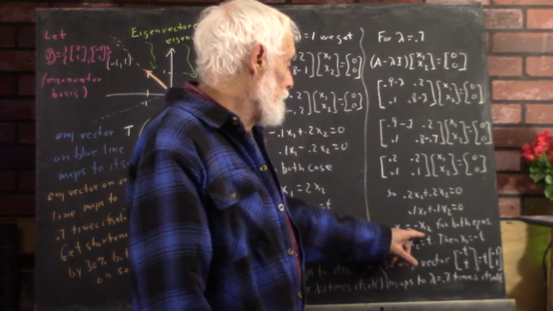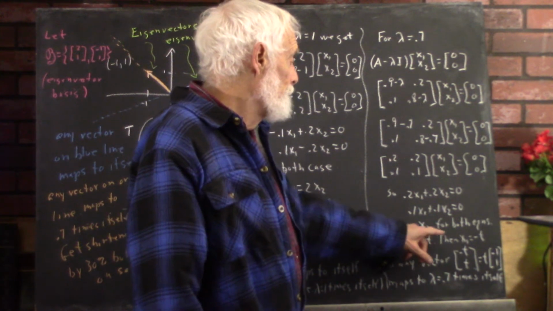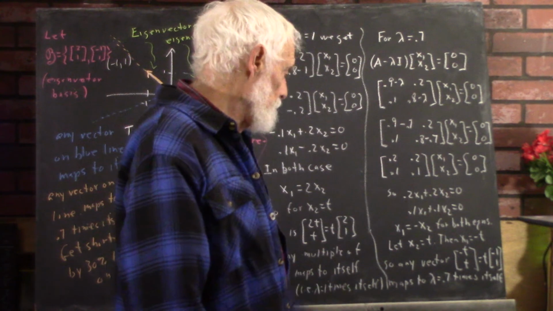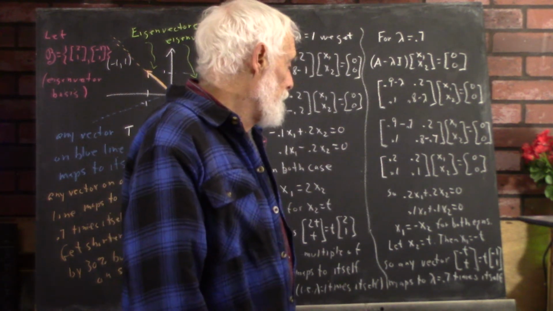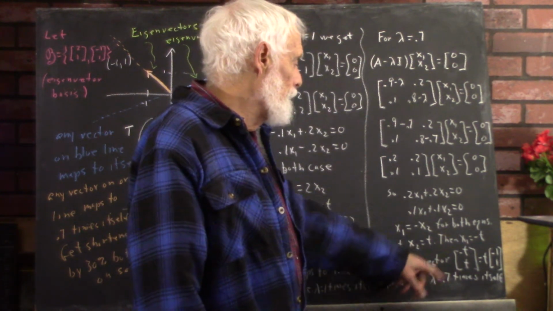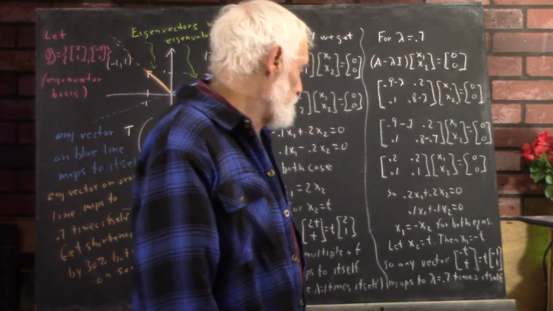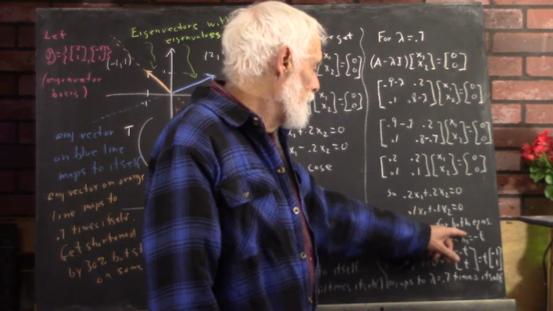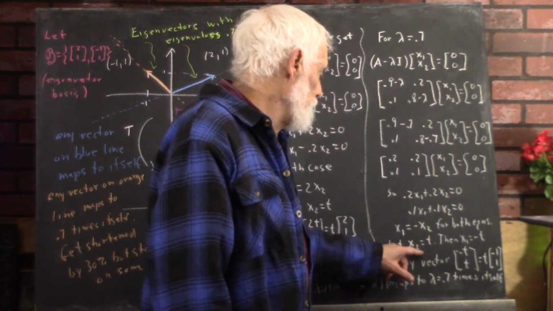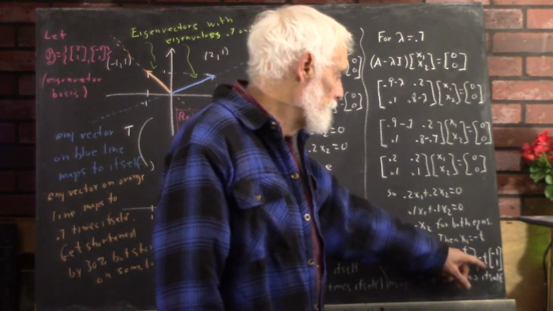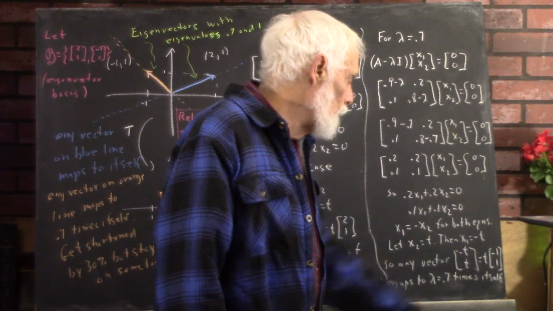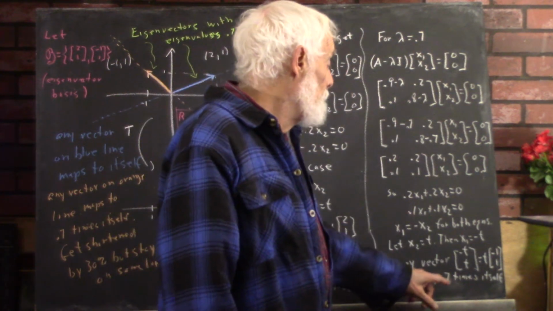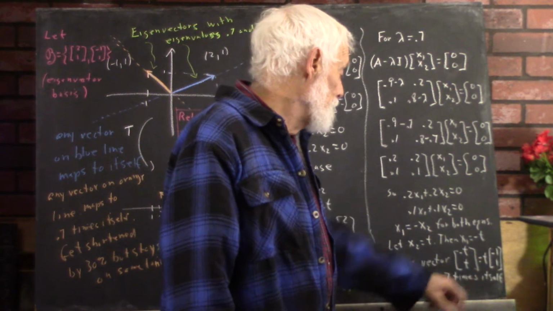So x1 equals negative x2 is a solution for both equations, and that's very trivial, you can work that out very easily. Well, if we let x2 equal t, then x1 equals negative t. So any vector of the form x1, x2 equals negative t, t, which of course is t times negative 1, 1, maps onto 0.7 times itself.